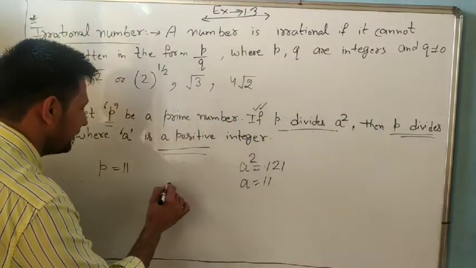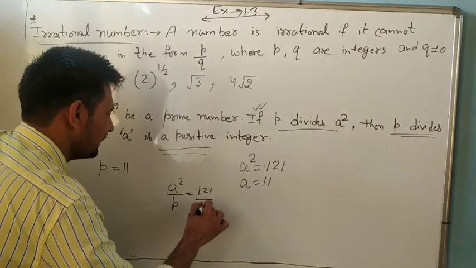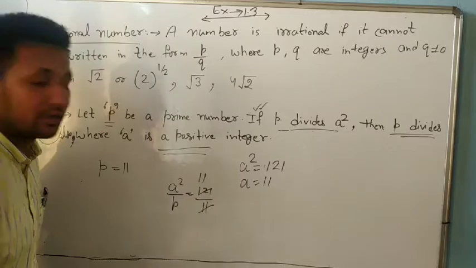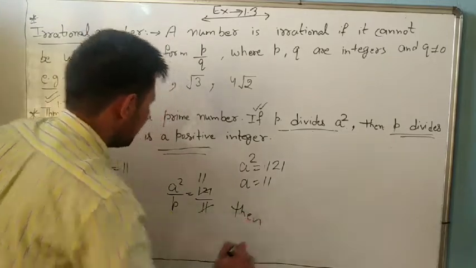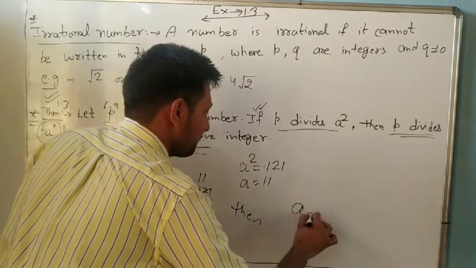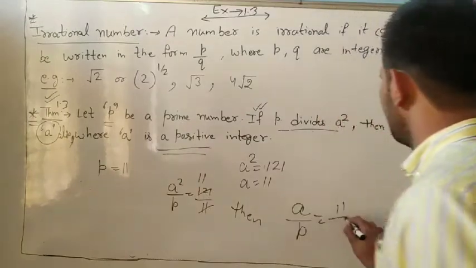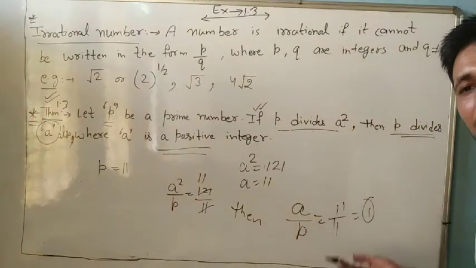Yes, 121 divided by 11, it is dividing. Then p divides a also. a is 11, and 11 divided by 11. Only this much.